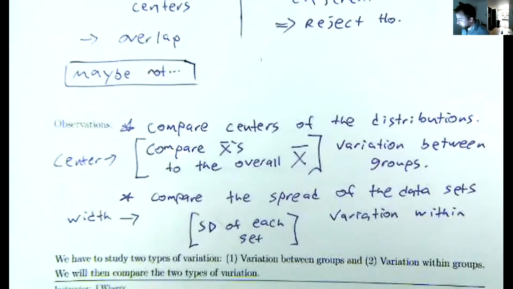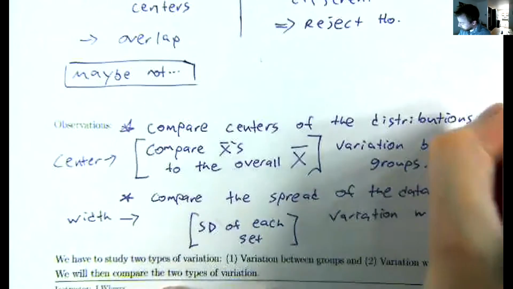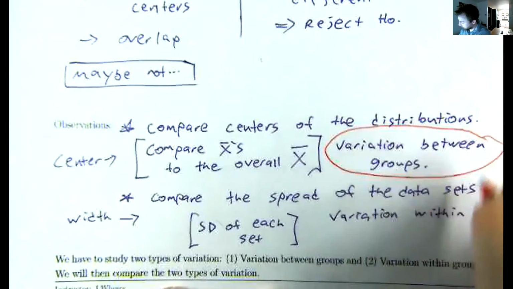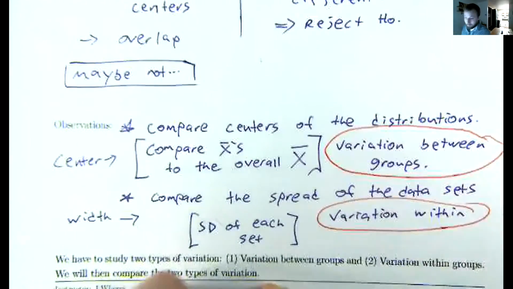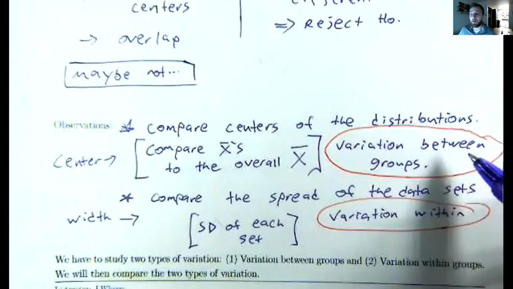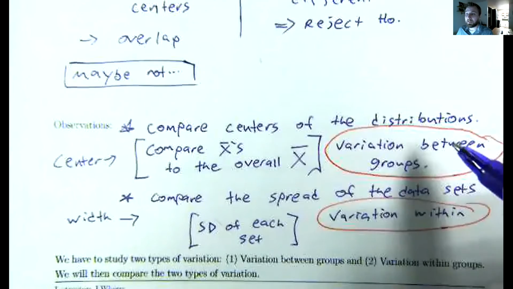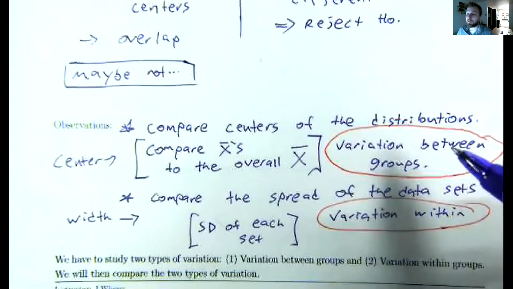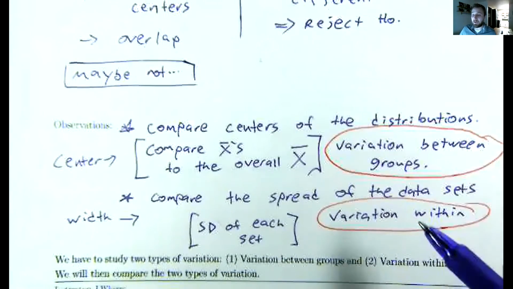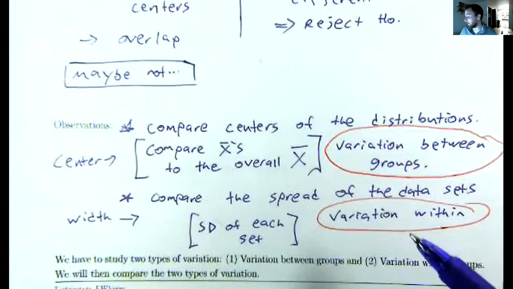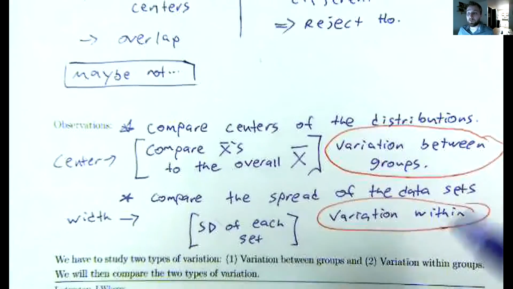So I'm going to compare this variation between groups to this variation within groups. So here's my idea for the next 2 pages. I'm going to come up with a mathematical formula that looks at the variance or the variation between groups. And on the page after, I'm going to come up with the formula that looks at the variance or the variation within the groups.